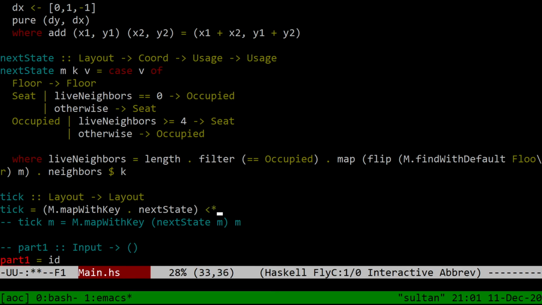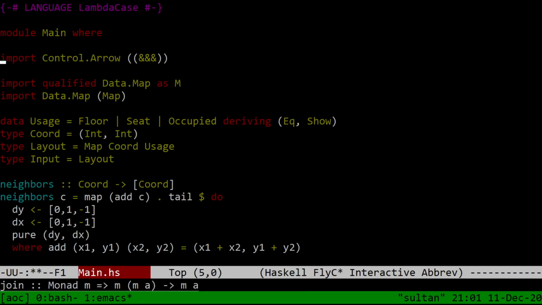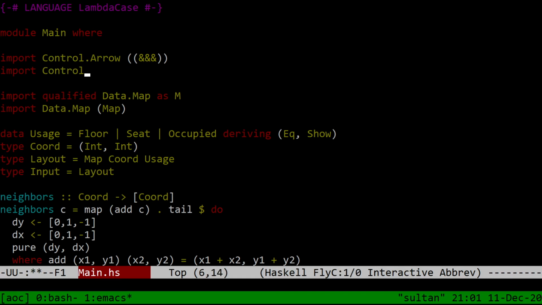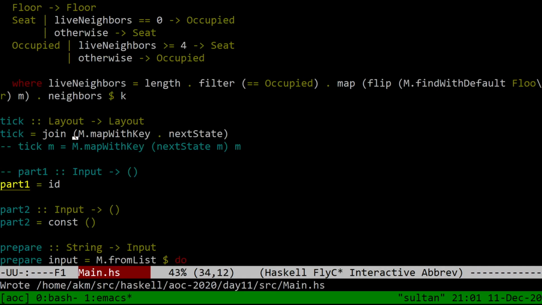Oh, this is horrible, actually. Wait a minute. Is it just join, that from import control monad join? It actually is.